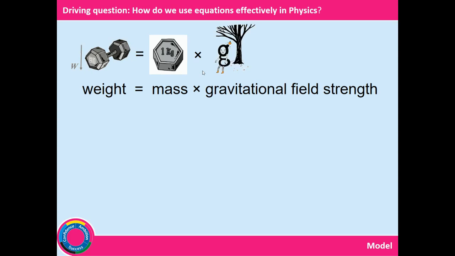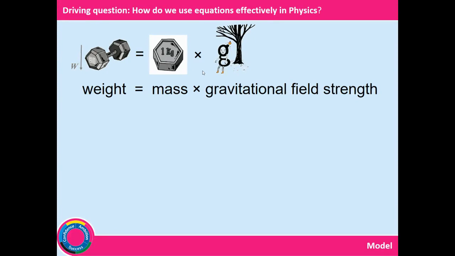So, the weight of an object differs from one planet to the other. Your weight on Earth is different from your weight on the Moon, is different from your weight on Jupiter. On Jupiter, you weigh far more than you weigh on Earth because the gravitational field strength on Jupiter is far greater than the gravitational field strength on Earth.